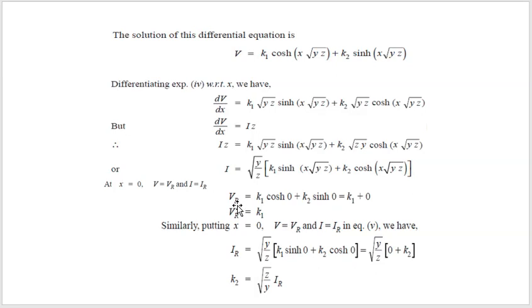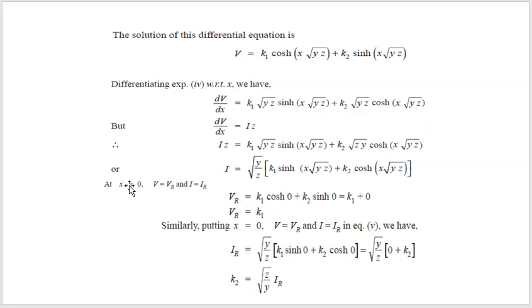Now the equation will be Vr is equal to K1 cosh(0) plus K2 sinh(0), which is equal to K1. We are putting this initial condition just to find out the unknown parameters K1 and K2.